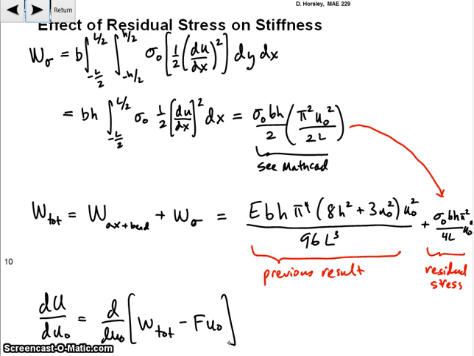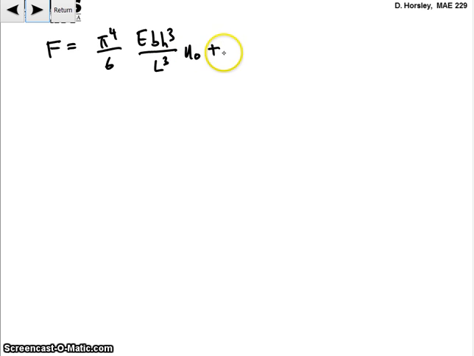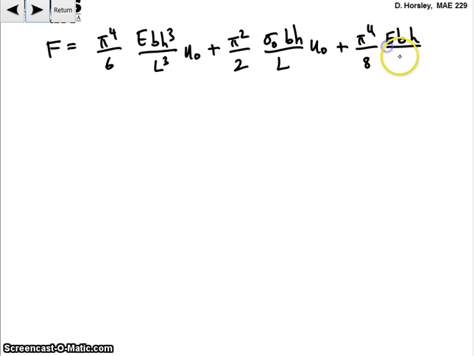When we calculate that, what we get is F equal to pi to the 4th over 6 E B H cubed over L cubed times U naught, plus pi squared over 2 sigma naught B H over L times U naught, plus pi to the 4th over 8 E B H over L cubed times U naught cubed.